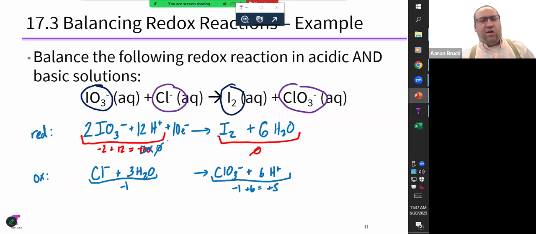So I know that I need to add electrons to the product. How many electrons do I need to add? Not 5. Yeah, 5 gets you to 0. We need to go all the way to -1. So it's going to be 6.